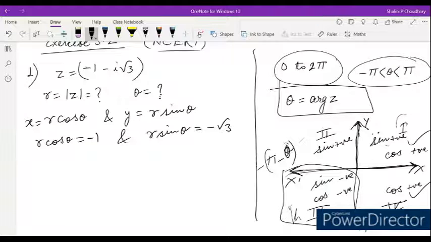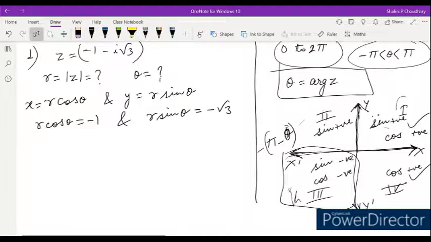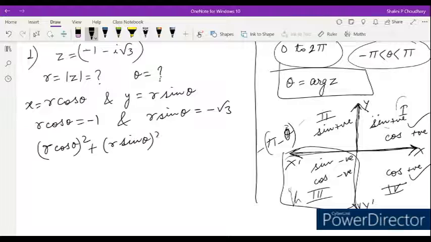Now we'll write the value of z. z is equal to r cos theta plus i r sin theta, right? So we will add the squares of these values. So (r cos theta) whole square plus (r sin theta) whole square will be equal to (-1) whole square plus (-√3) whole square.